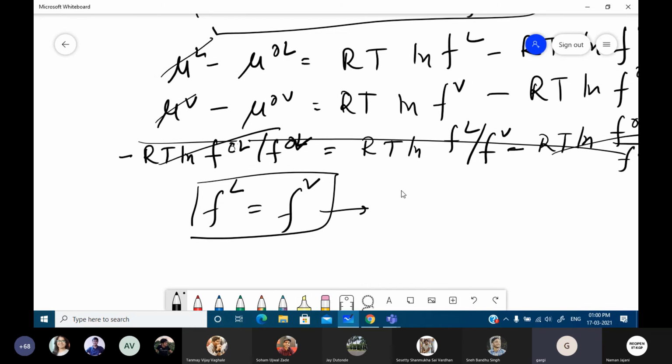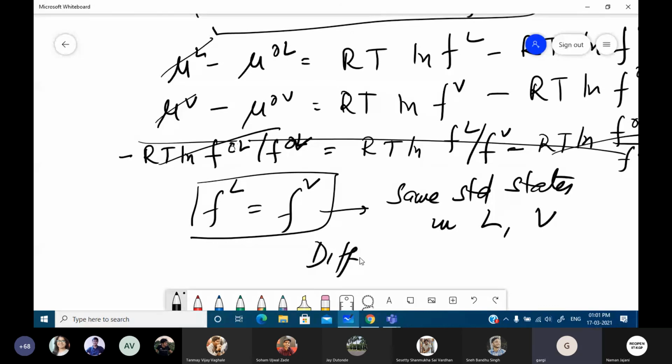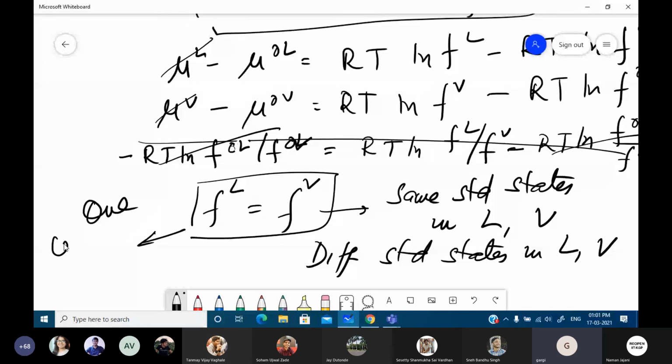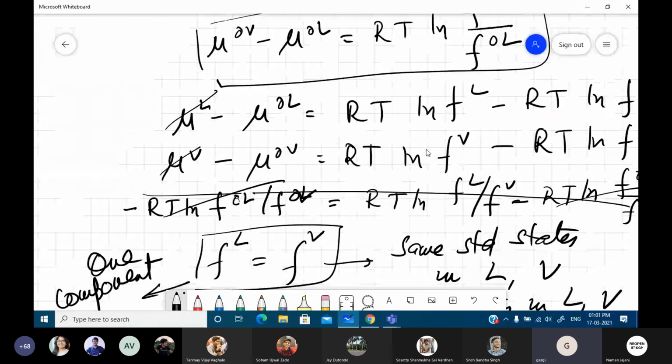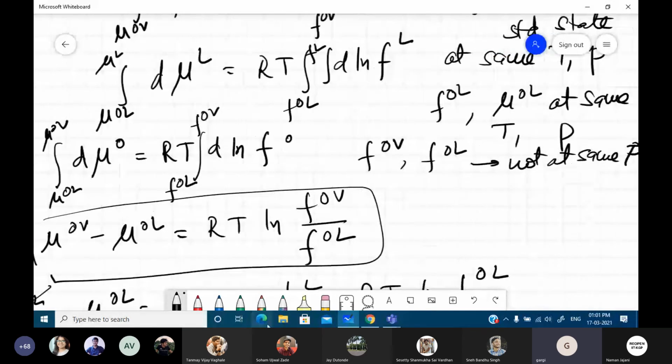We have proved this for same standard states in liquid and vapor, and different standard states in liquid and vapor. We have proved it for a one-component system. The same thing can be done for multi-component systems as well. The same logic is going to hold true in this case also.